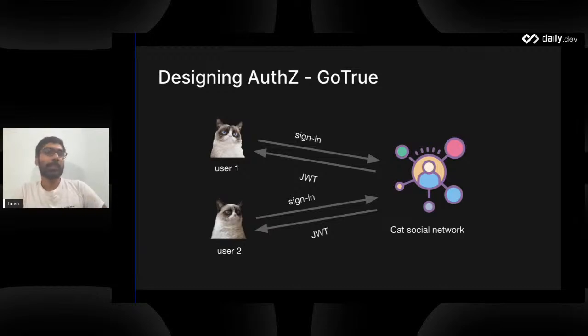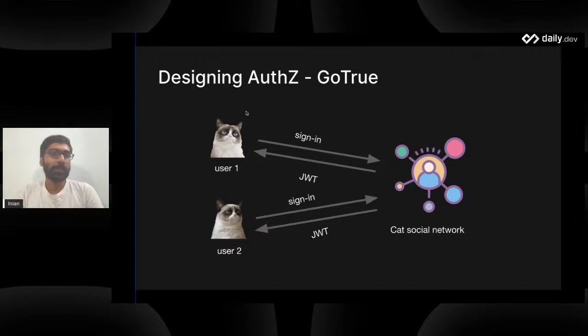The other cool thing that we have built with storage is our authorization system. As I mentioned before, we already have an authentication system built with an open source software called GoTrue. This was initially forked from Netlify's GoTrue version, and now Supabase also uses GoTrue for authentication of its users.